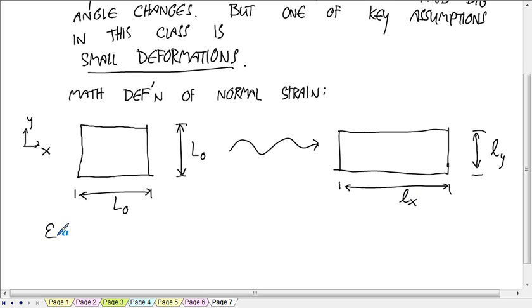Then the normal strain Exx is equal to Lx minus L0, the change in the length, divided by the initial length. Or you can think of it as the deformation in the x direction divided by the initial length.